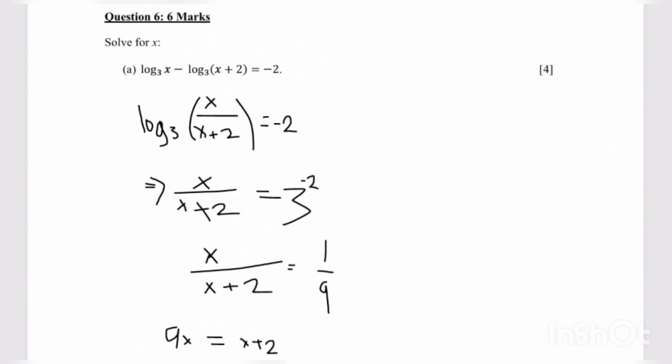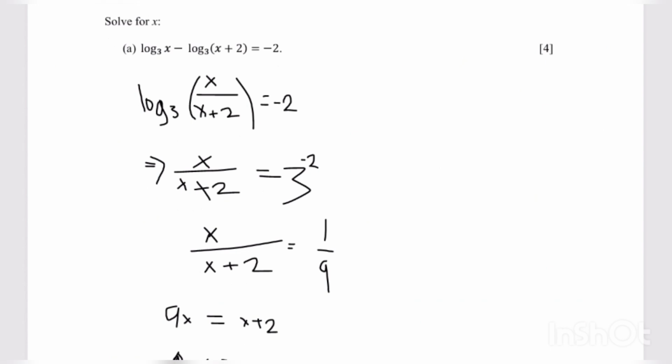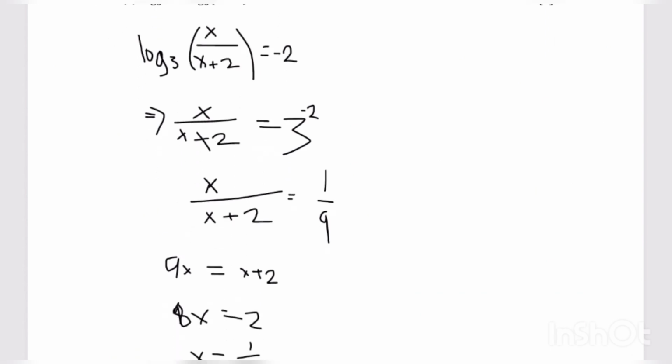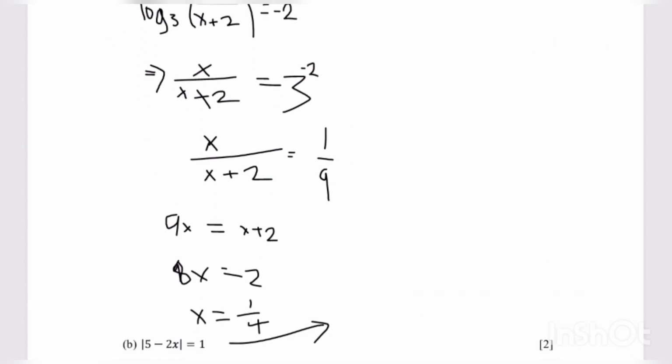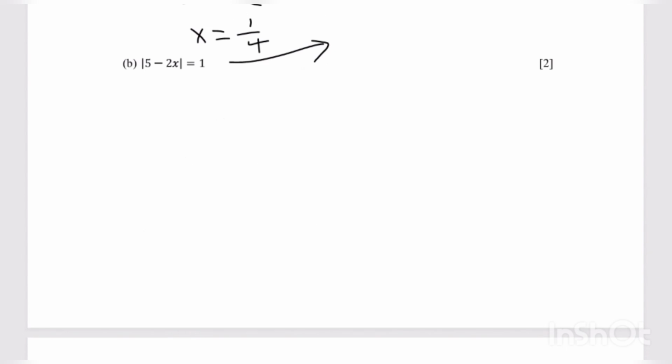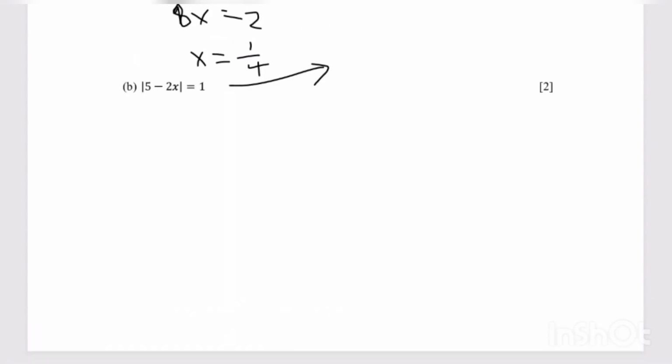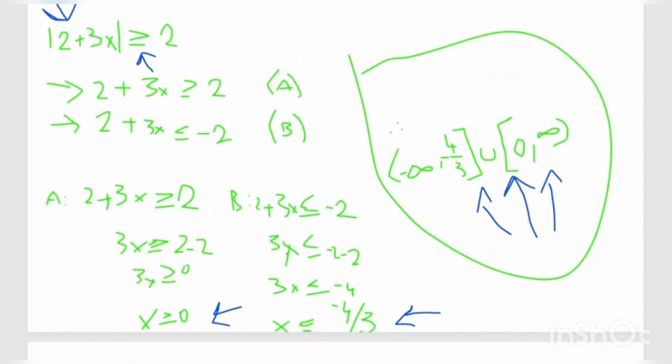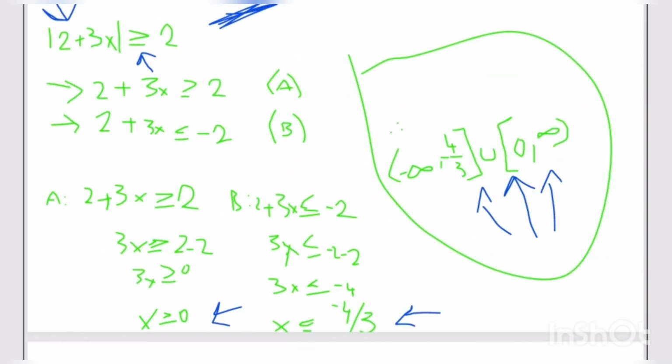So for solve for x, this is how we do log. Alright. And then we have another one. Look, for b, 5 minus 2x, it's the exact same as how you would work out this right here. Do it exactly like that and you get the answer, but you will just leave it as is like this.